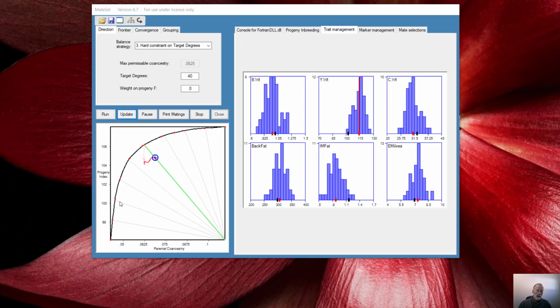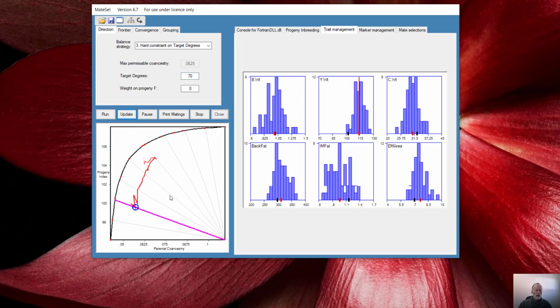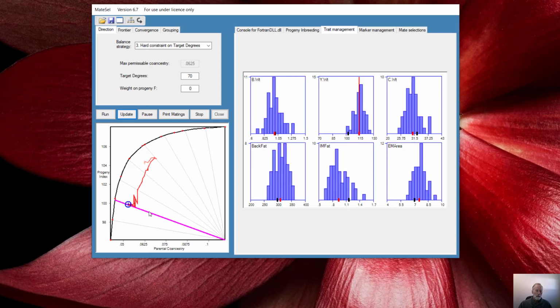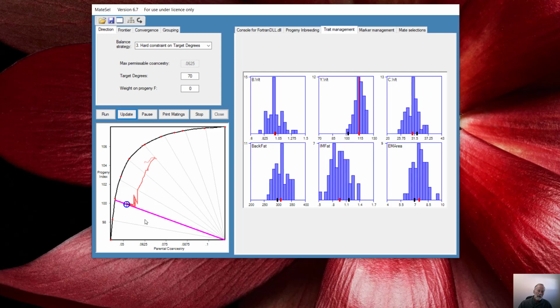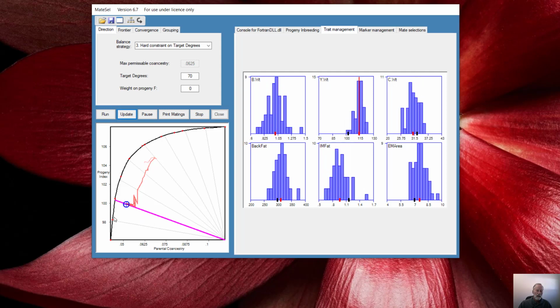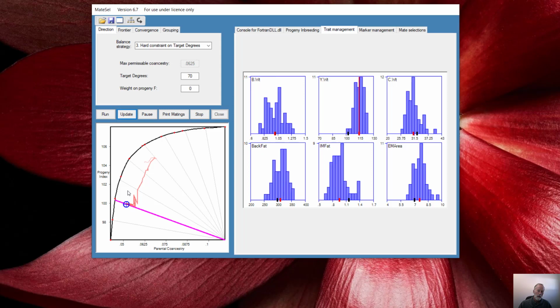However, as we go down here, it becomes more difficult to keep to the left of it, and so let's just try, if we go for, say, 70 degrees and update that, you'll see the color of the line changes to purple. And now what we're doing, in fact, is pushing to get the minimum possible co-ancestry given a constraint that we must be above this line.